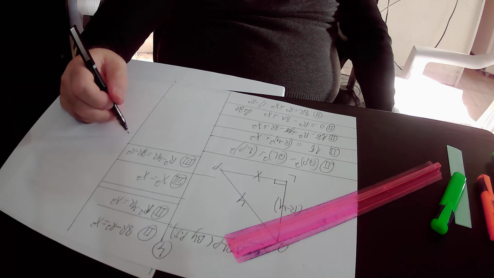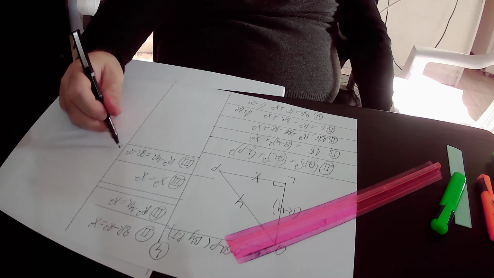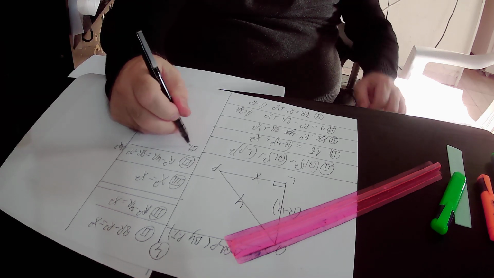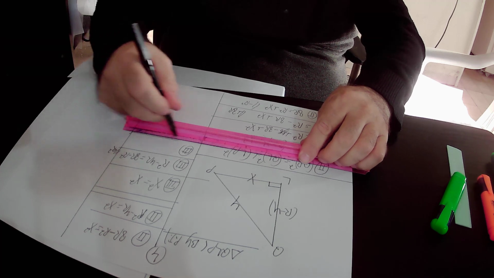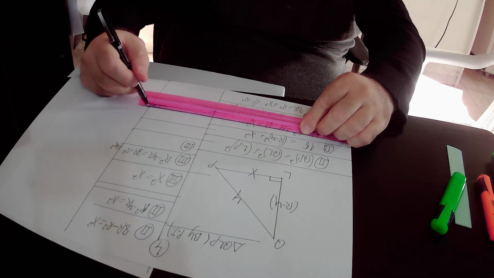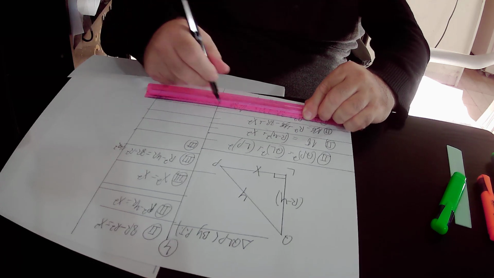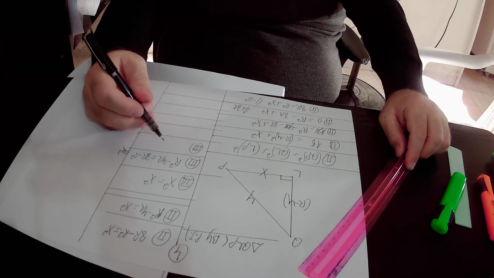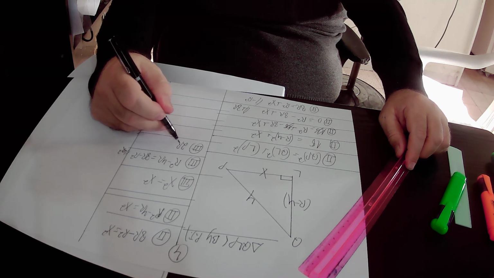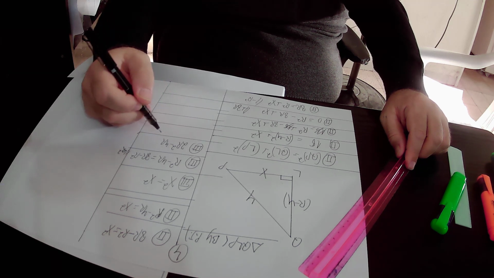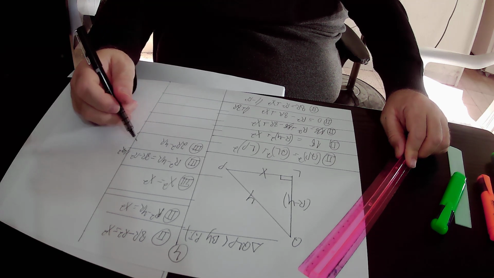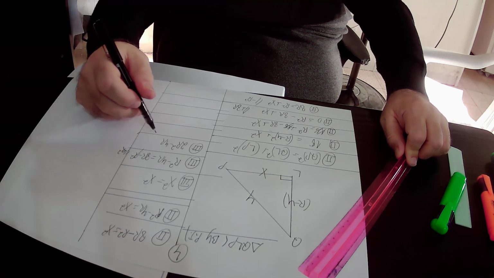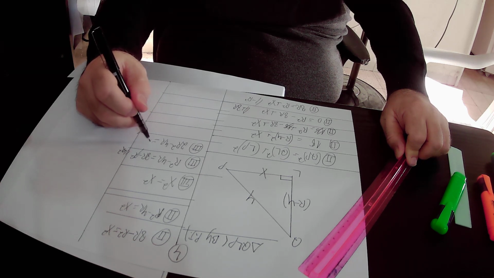So here we will add r squared to this equation, equation number 3, and we will get that according to equation number 3, r squared plus r squared is 2r squared minus 4r equals to 8r.